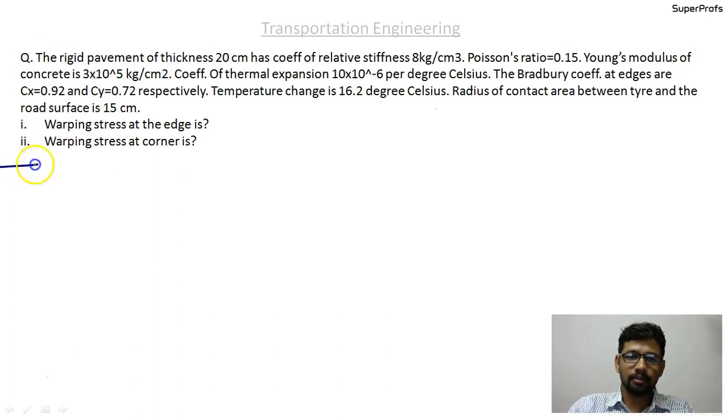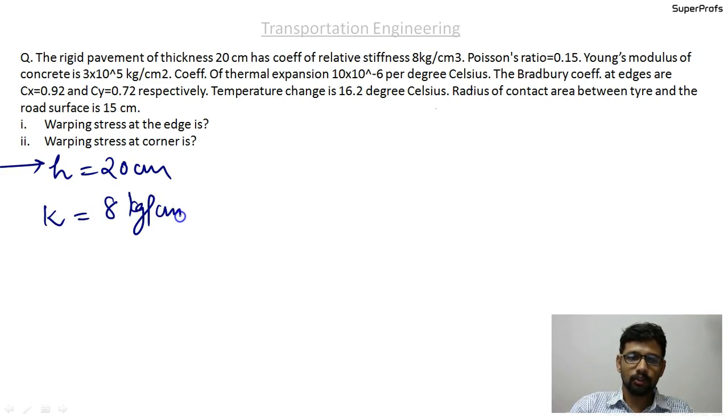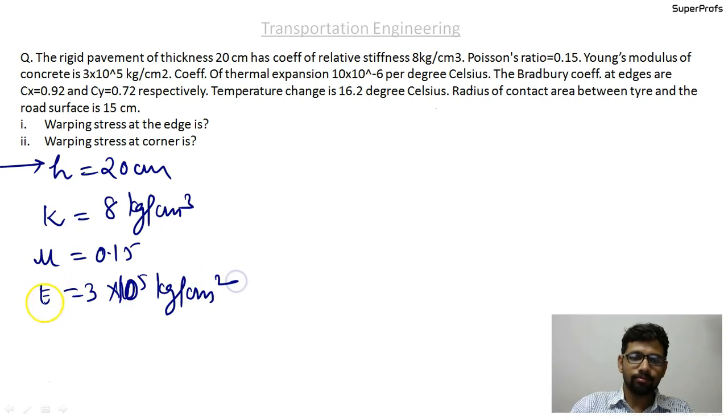So the rigid pavement of thickness 20 centimeter, H is equal to 20 centimeter. Coefficient of relative stiffness K is equal to 8 kg per centimeter cube. Mu is given to be 0.15. Young's modulus of concrete is E equal to 3 into 10 to the power 5 kg per centimeter square.